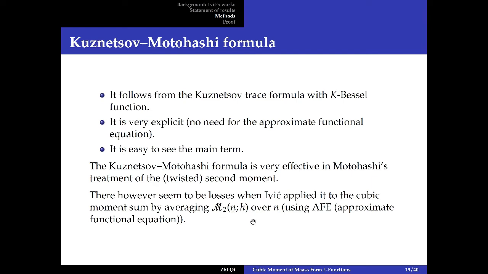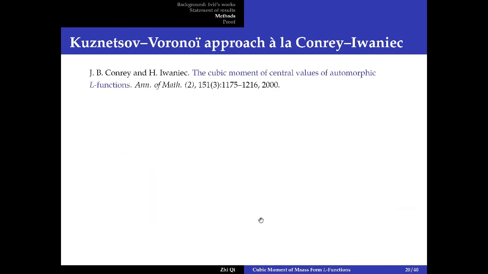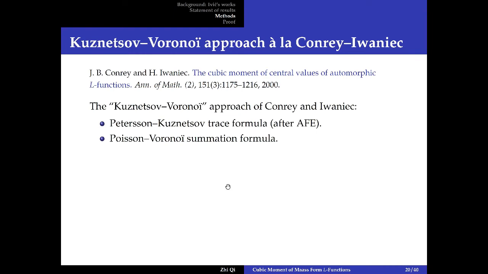So what we're going to follow is the approach of Conrey and Iwaniec. I would call it the Kuznetsov-Voronoi approach. So what they do is they apply Petersson-Kuznetsov after the approximate functional equation, and then they did a triple Poisson. Okay, but here we're going to do a Poisson plus Voronoi instead. But the idea is essentially the same.